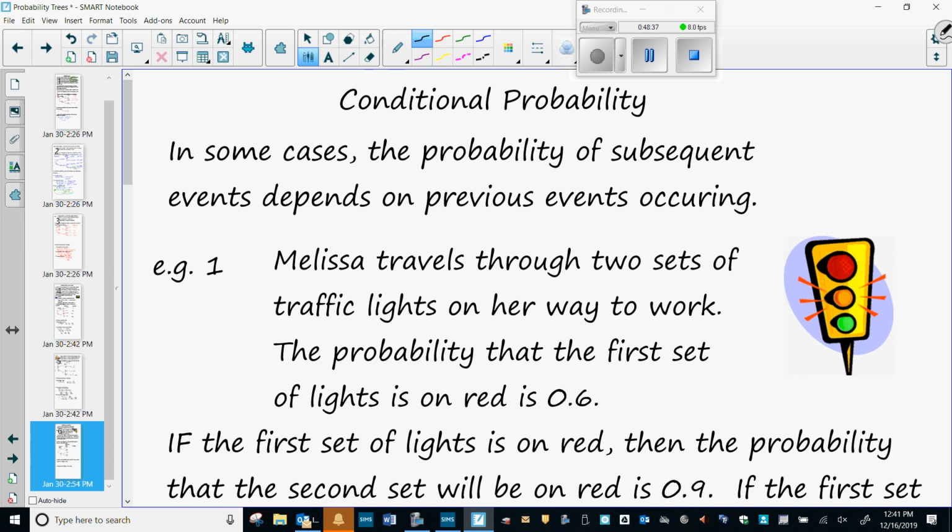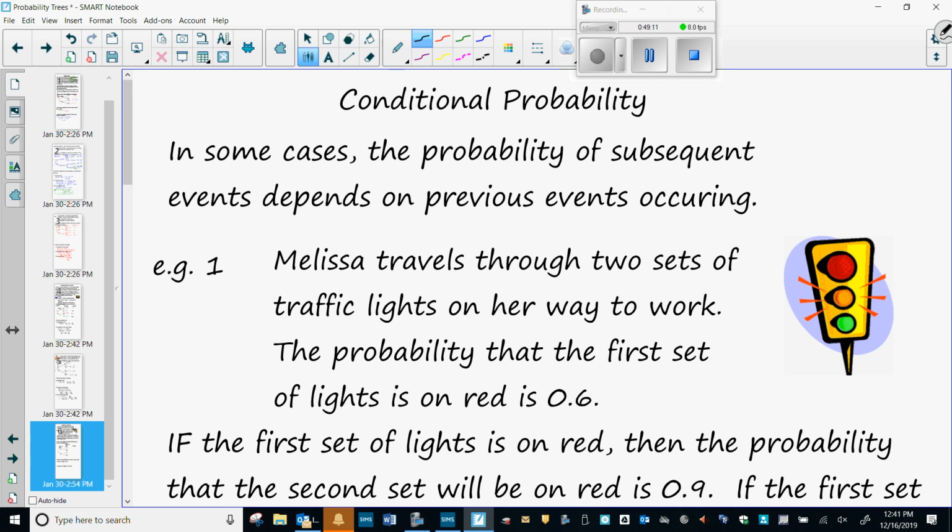What I'm saying is that the probability of you winning the second time is not going to be exactly the same as the first, because if you won, your chances could be higher, because it means you're perhaps good at playing tennis. The question will always tell you the probability. It will say, if something happens, then the probability changes to this. So there are going to be new probabilities there.